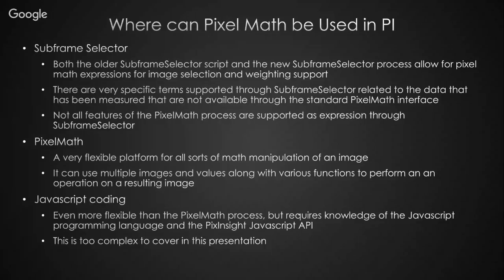The other place you can do this is in JavaScript coding, or if you just chose to, you could do straight C code in PixInsight. They allow for that sort of stuff. So it's a lot more flexible than any of the processes, but obviously you have to know JavaScript and be able to code that. We're not really going to cover that here, but I just mention it.